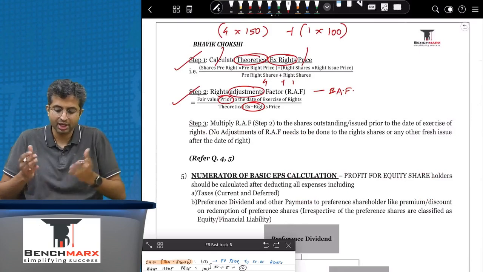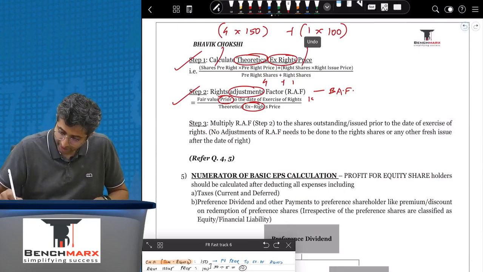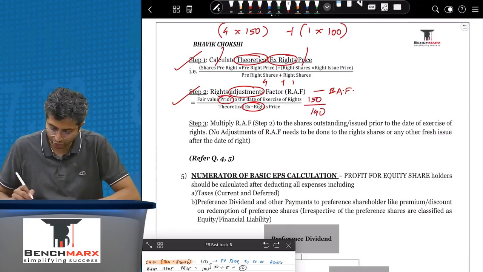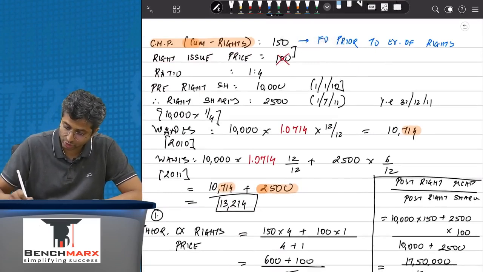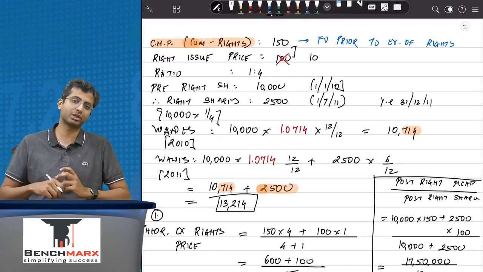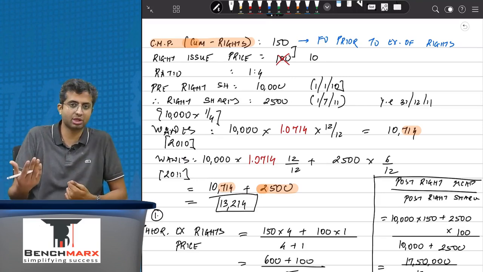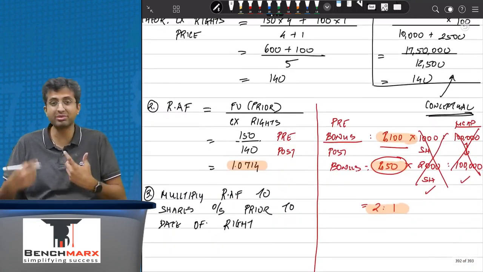In a similar way, the difference in prices, that is 150 upon 140, will give you the understanding of bonus. For your understanding, if the rights issue price was merely 10 rupees instead of 100, you would find a much bigger bonus adjustment, because there's a higher bonus. You are giving a huge discount, so you're giving more free. So you will see a number bigger than 1.0714.